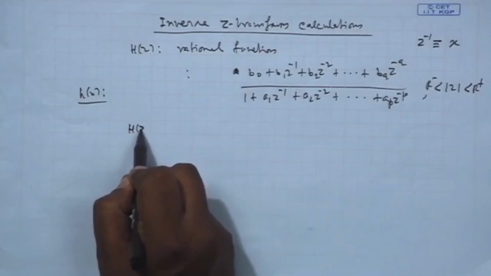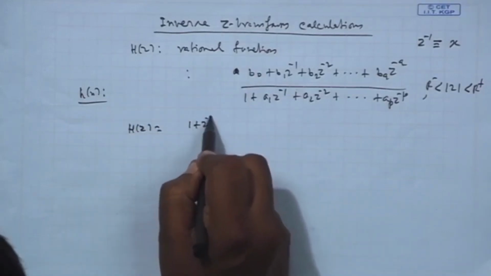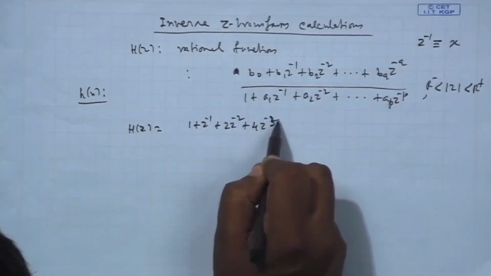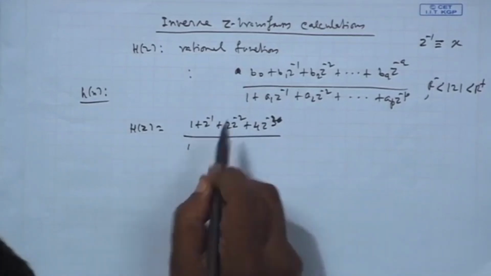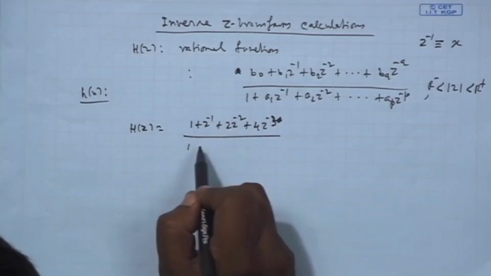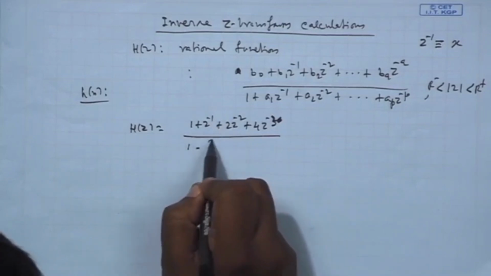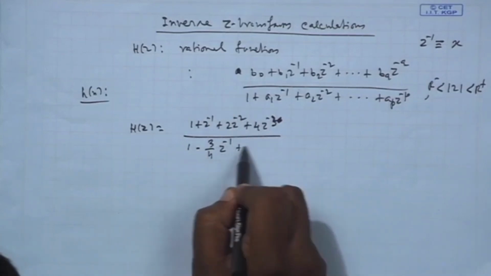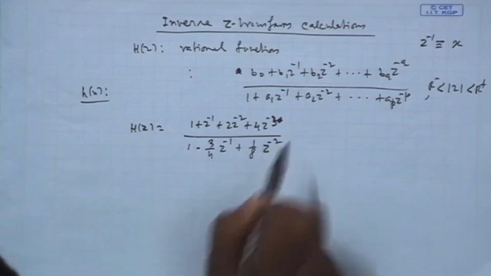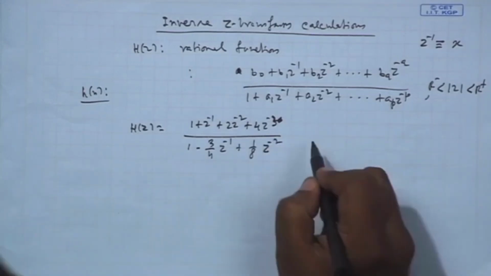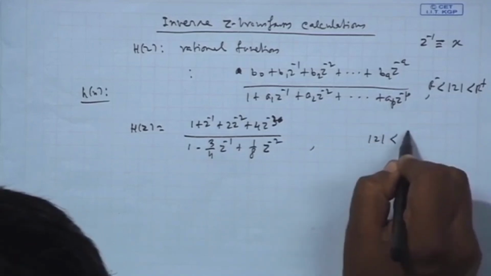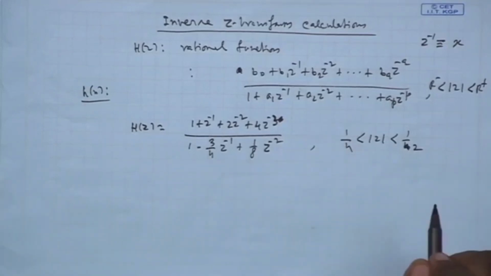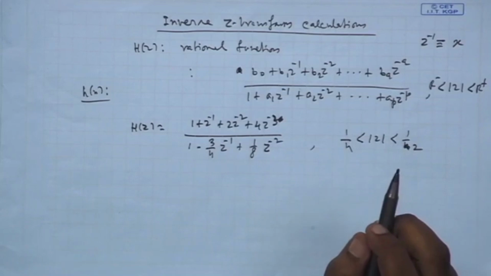Suppose H(Z) is given as 1 plus Z inverse plus 2 Z inverse squared plus 4 Z inverse cubed, over the denominator, and it is given with ROC an outer circle of radius half, inner circle of radius 1 by 4.